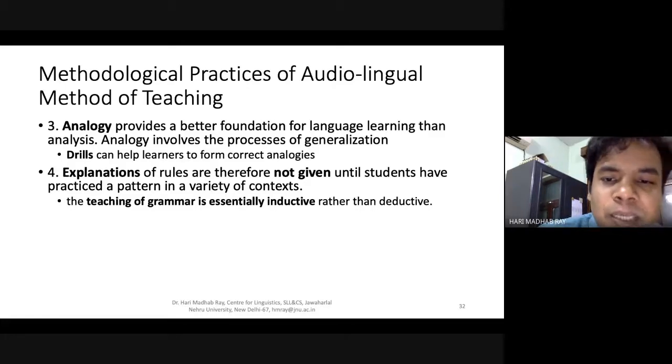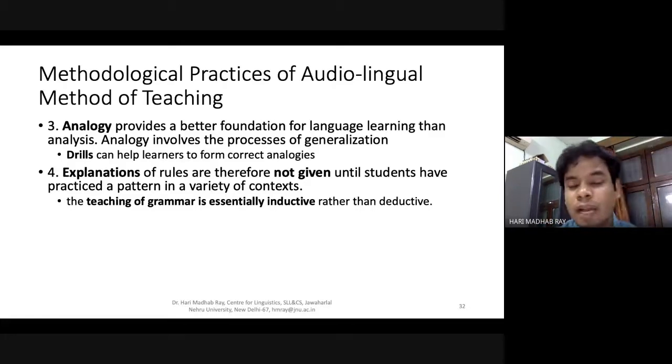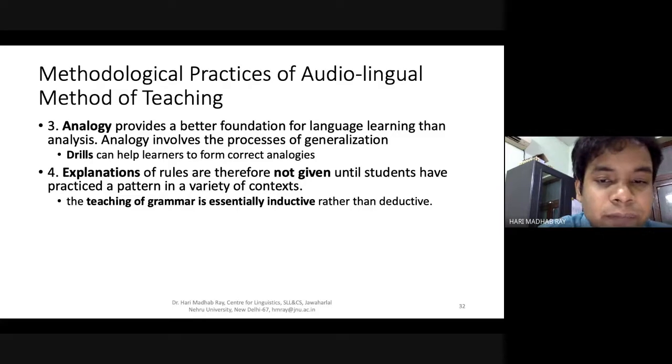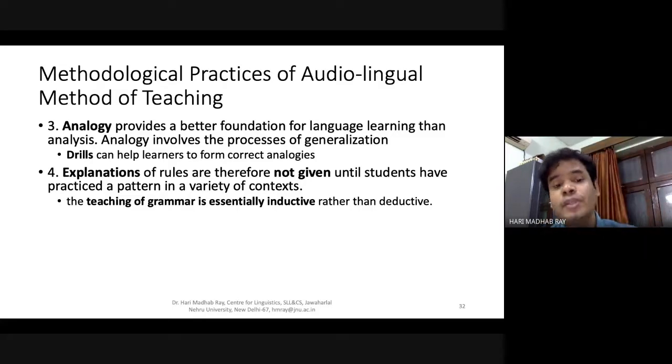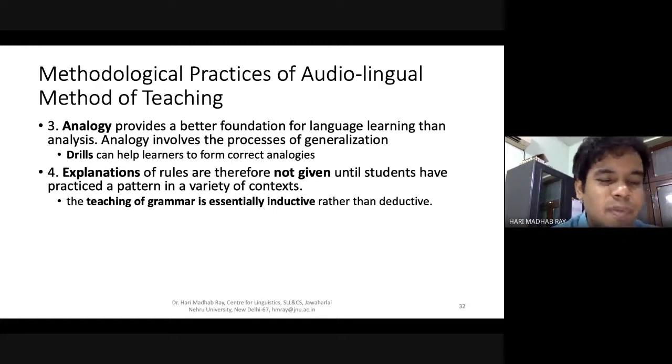Explanation of rules is therefore not given, as I already told you, until students have practiced a pattern in a variety of contexts. So you have to practice those patterns in a variety of contexts. Then maybe the teachers can explain some of the rules, but before that they do not, mainly.